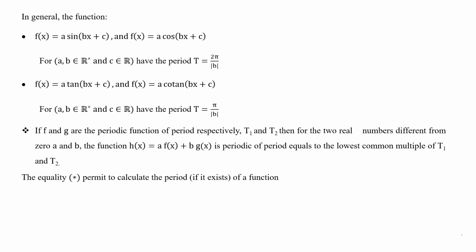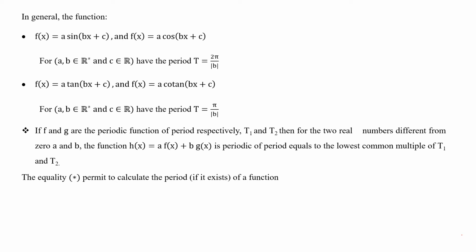If we have two functions, f and g, each with a different period, let's say the period of f is T1 and the period of g is T2, and they give us a sum f of x plus g of x.